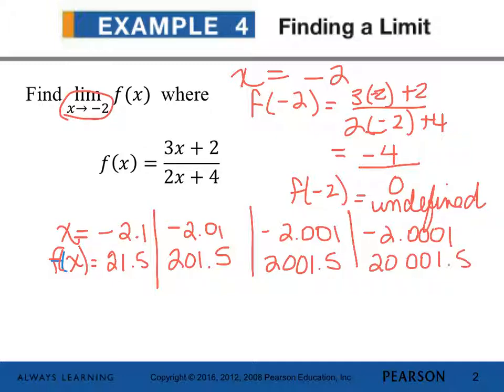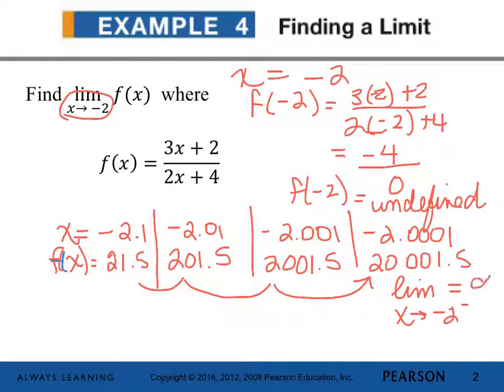But you can see what's happening is as x approaches negative 2 from the left side, the number increases very, very quickly. And what we say is that this is increasing without bound, or that the limit as x approaches negative 2 from the negative side is going to be infinity.